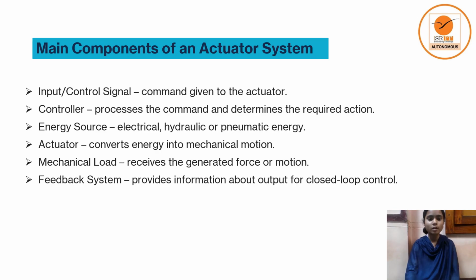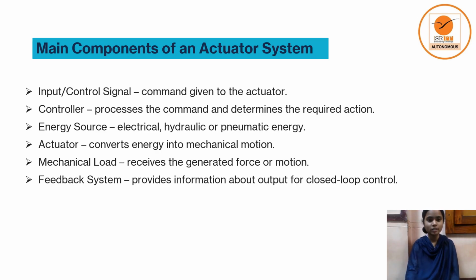The main components of the actuator system are as follows. The input control signal is the command given to the actuator. The controller processes that command and determines the required action. The energy source is electrical or hydraulic energy.